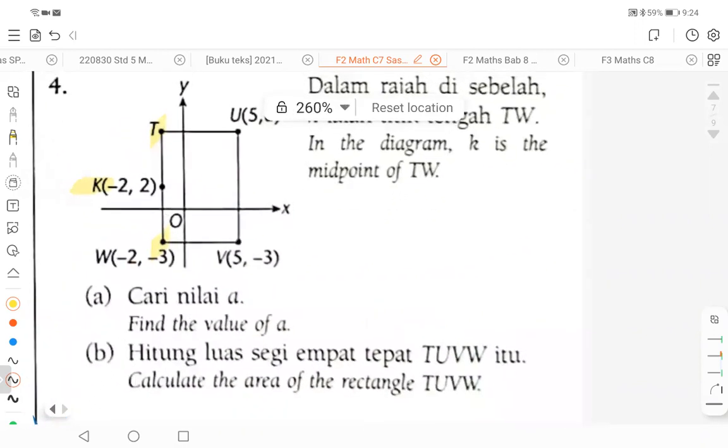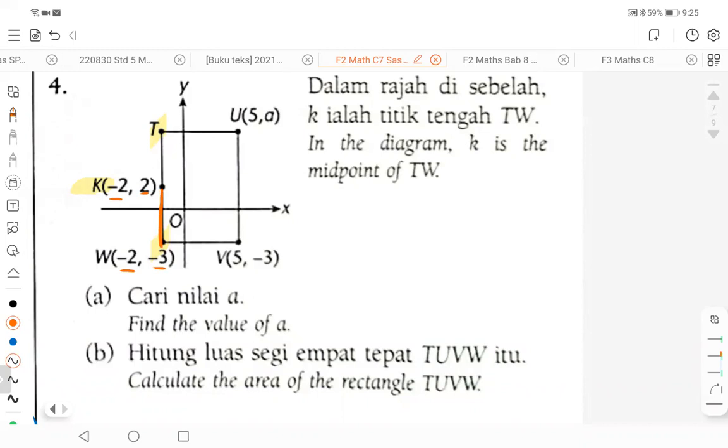This one you can use counting and get the answer. Remember, you can just count the distance. This one same, right? Same block, -2. Then you look at the y coordinate. Here 2, here -3. So what is the distance of KW?